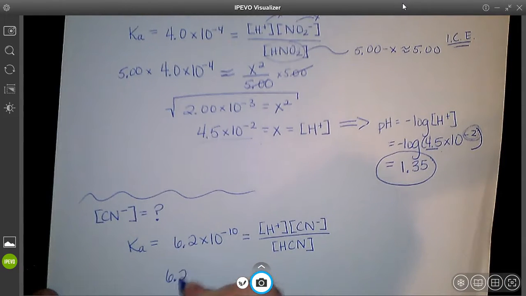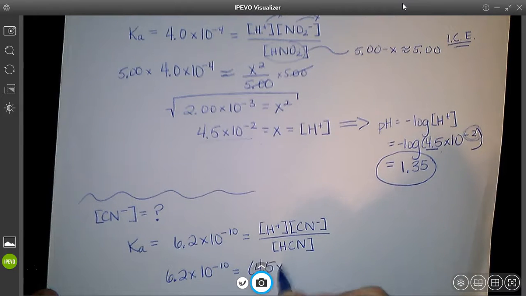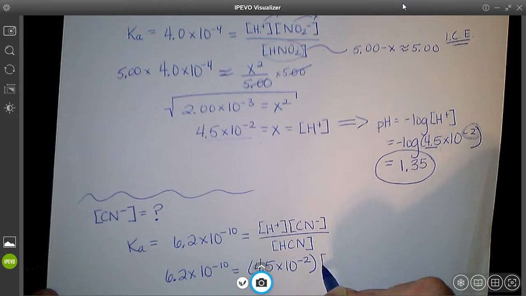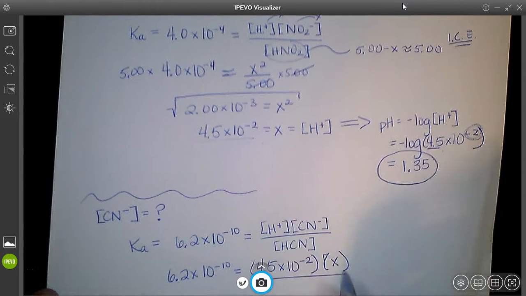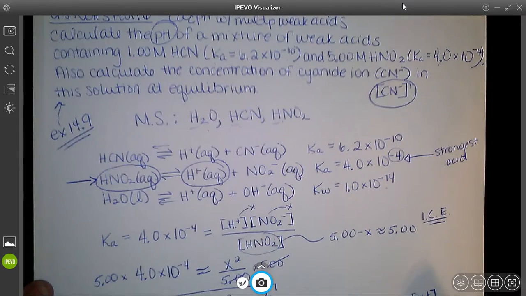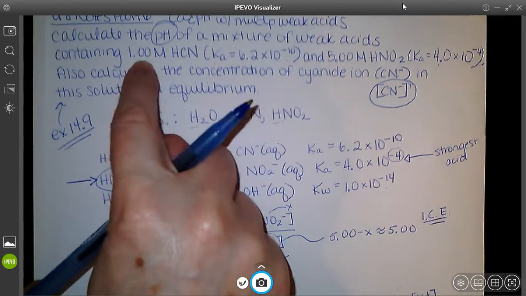So 6.2 times 10 to the negative 10th equals, instead of H plus, now I can put in 4.5 times 10 to the negative 2. I don't know my concentration of CN minus, so I'm going to call that X. And on the bottom, I've got the concentration of HCN. We're told that we put in 1.00 molar. And this is a weak acid, so that's really not going to change much.